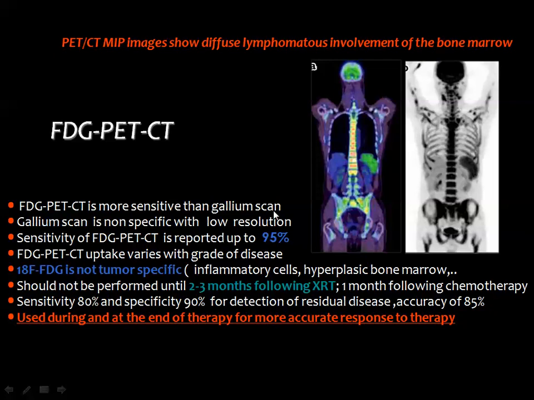It is sensitive but non-specific, since many other lesions like inflammatory diseases and hyperplastic bone marrow lesions will show increased metabolic activity. And you cannot say for sure that this belongs to lymphoma or to another type of malignancy or even inflammatory lesions.